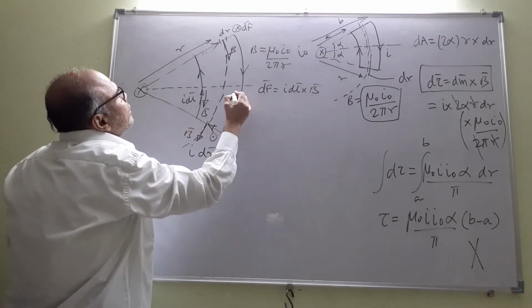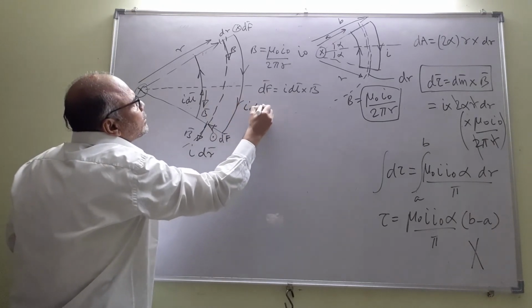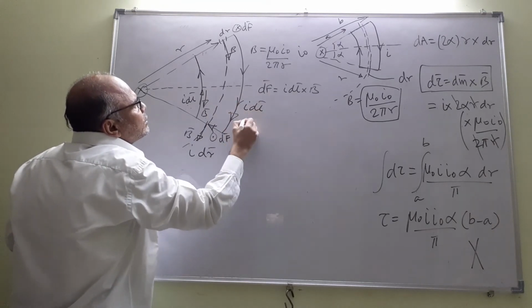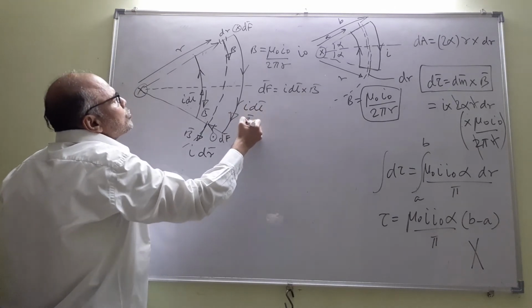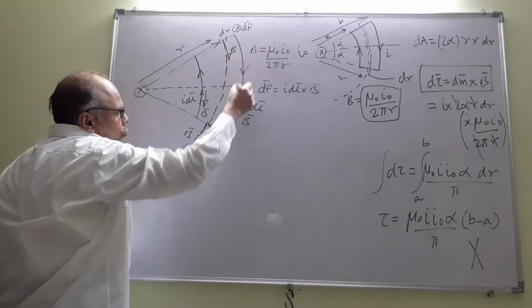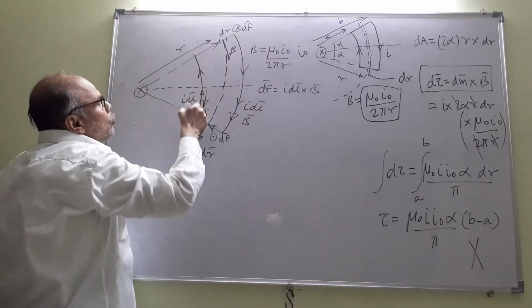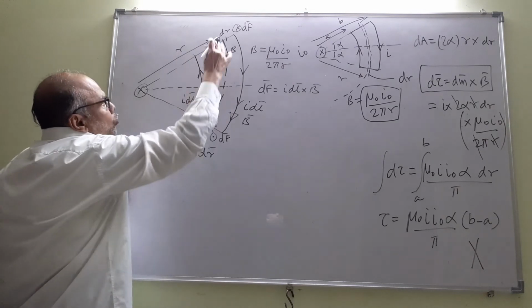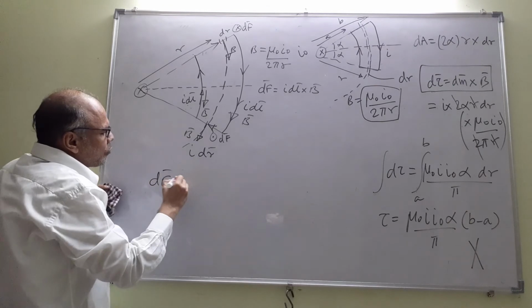Here again I would have IdL like that and B would be like this. So IdL and B are collinear, so the force would be 0. There is no force on this, so there is no torque due to current here. So only these two forces form a couple.